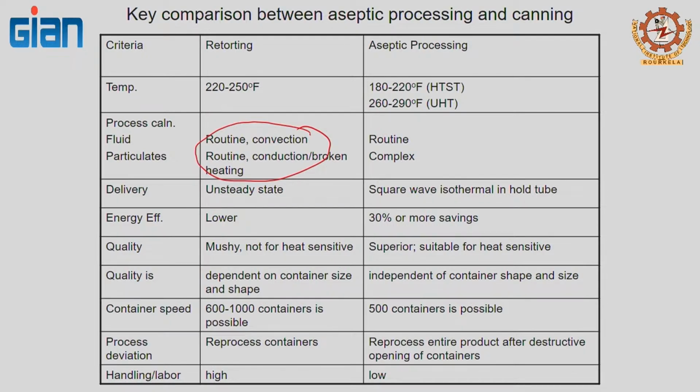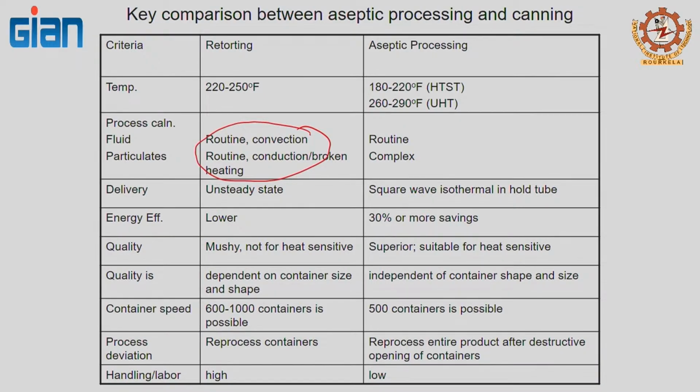On the other hand, if you have a ham, which is a conduction-heated product, you put the thermocouple at the geometric center, and again you measure the temperature for a certain time. These are all cold spots in canning processes. When I say cold spot, this is the least treated portion in the canning process.